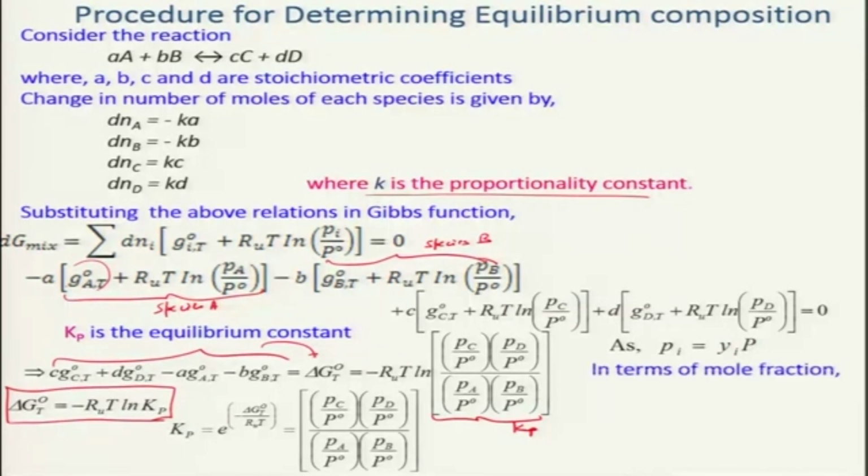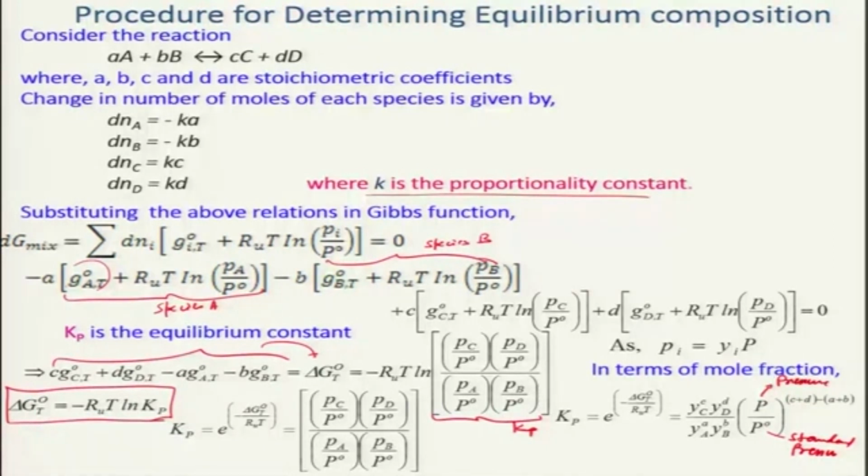This is in terms of mole fractions, and I can express this Kp in terms of the mole fraction, that is Y_C to the power c, where c is the stoichiometric coefficient, Y_D to the power d, divided by Y_A to the power a, Y_B to the power b, into P by P naught, because this is the pressure, this is the standard pressure, and this is the pressure of the combustion chamber.